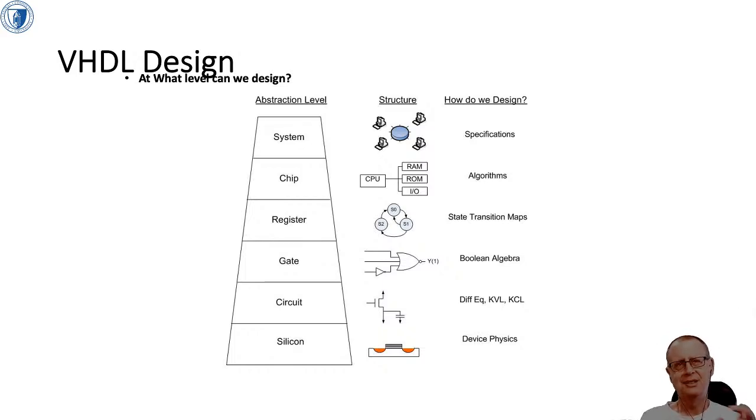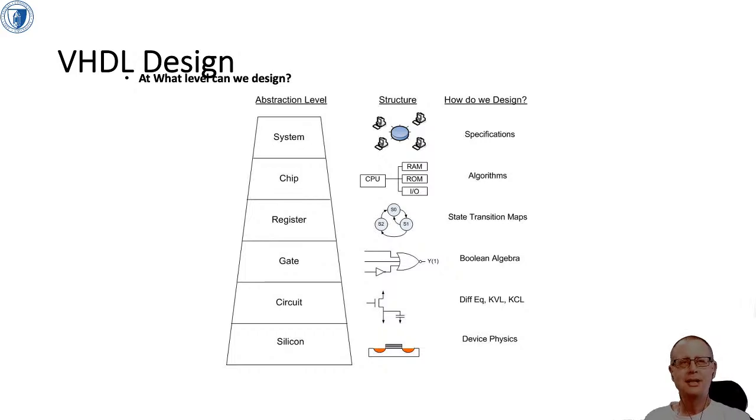Down at the register level, we might talk about state transitions, and that's what we were doing earlier today and in previous lectures. Diving in a little bit more, we might talk about Boolean algebra at the gate level.